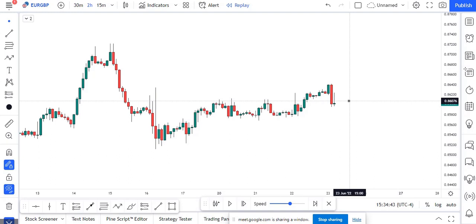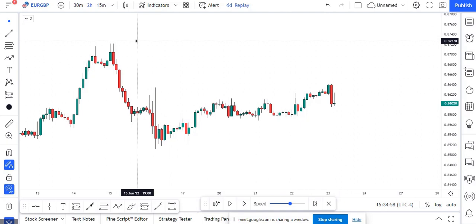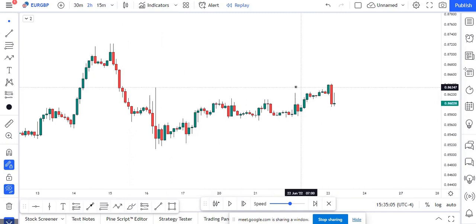I was a binary trader when I first jumped into the financial markets, so I really know how to play with candles, the anatomy behind the candles. If you are able to predict the next candle on a higher time frame, you might be able to predict the move that should occur on the lower time frame as well. So for me, this engulfing pattern is definitely a strong pattern, and the price might be able to push downside.